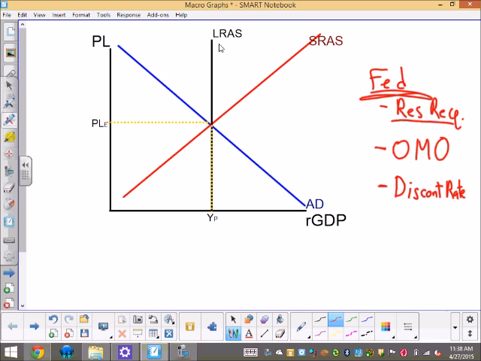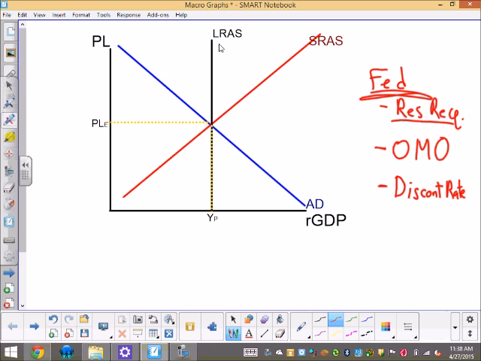But the discount rate is the amount that the Federal Reserve will loan out money to who? Other banks. Can you get a loan at the Federal Reserve? No, but how much they'll loan out to banks? Remember, if banks fall short of their reserve requirement, they need to get a loan by the end of the day, or they're breaking the law. A loan to fill that hole.